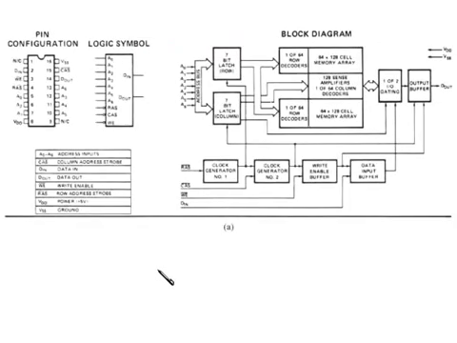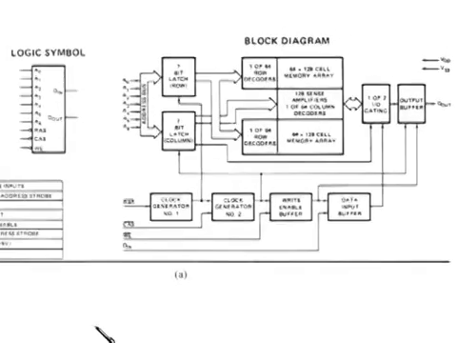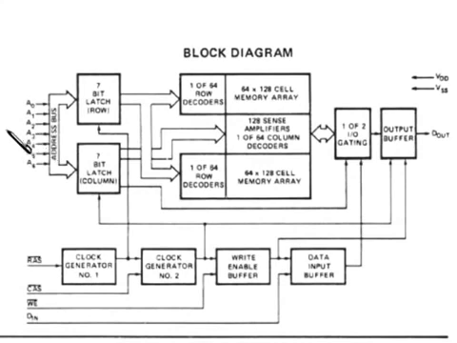In figure 16-11A, we can look at the logic symbol for the 2118 DRAM chip. This is configured as a 16K by 1 memory chip, so 16K addresses. Now 16K is made up by the fact that we have A0 through A6, and this is actually going to come in as a row address, by pulsing the RAS, row address strobe.